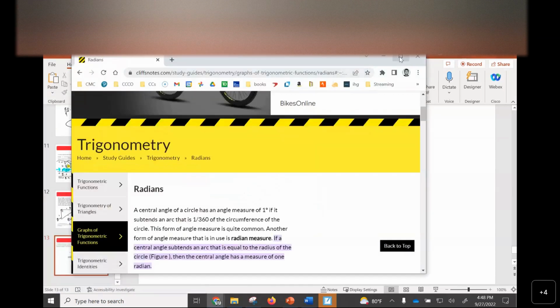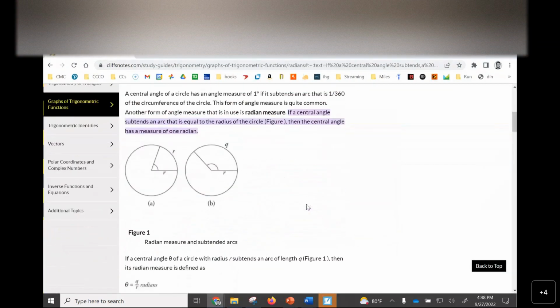I just pulled this up real quick online. Remember your definition of a radian? Maybe it's been a while, but if you look at this circle right here, you get 1 radian when the arc length is equal to the radius of your circle, if this distance here is the same. That's 1 radian.